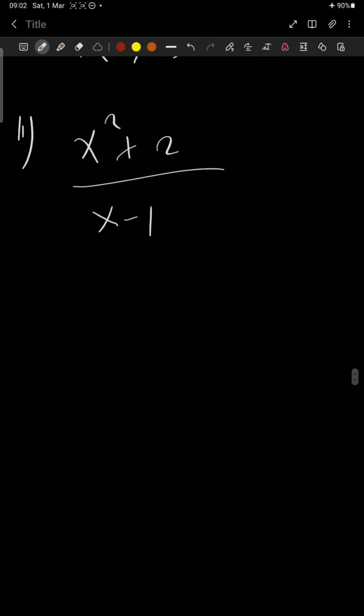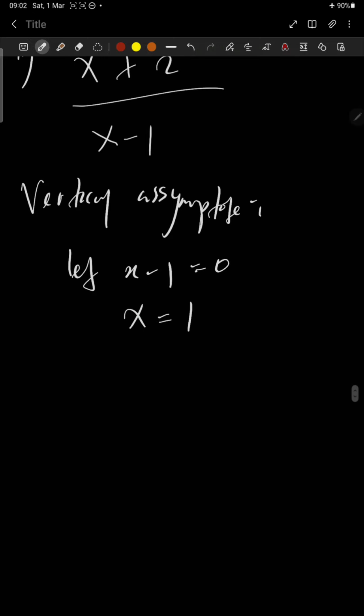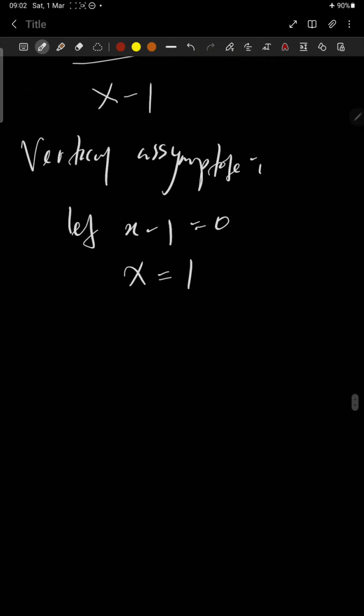Alright, so guys, when you're sketching, what do you look for first? You look for the vertical asymptote. Alright, vertical asymptote. Alright, and how do you find the vertical asymptote? You say let x minus 1 be equal to 0 and our x will be equal to 1, right? That's a vertical asymptote. You equate the denominator to 0 always.